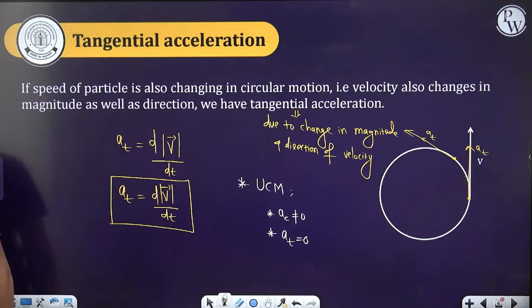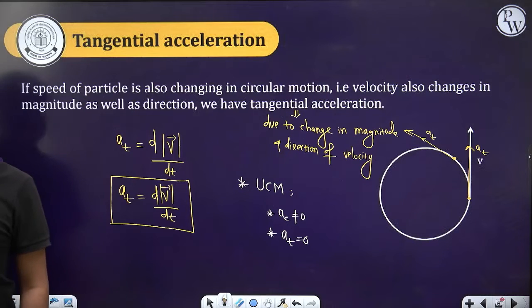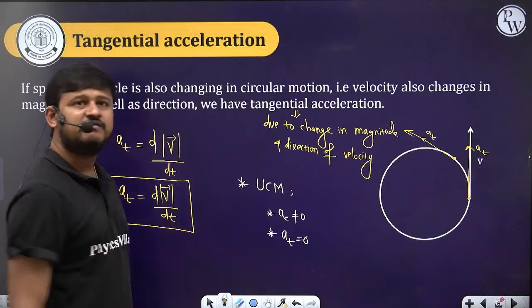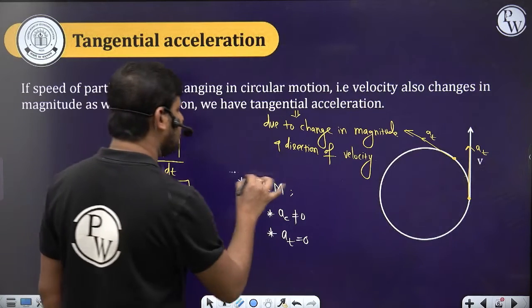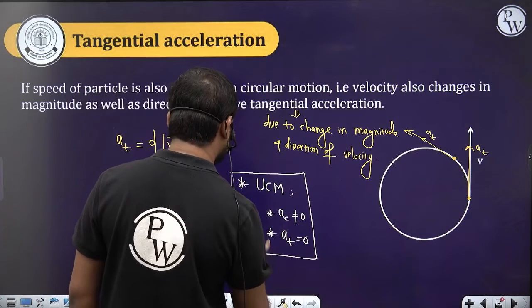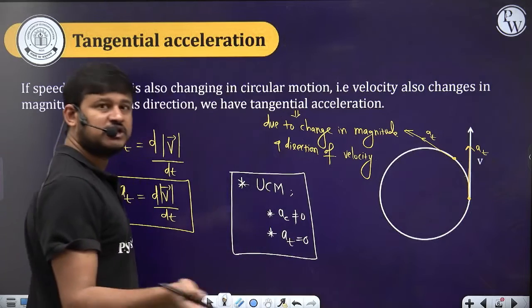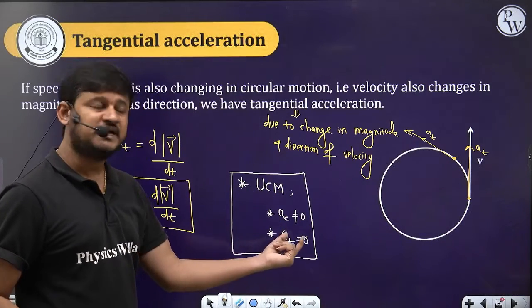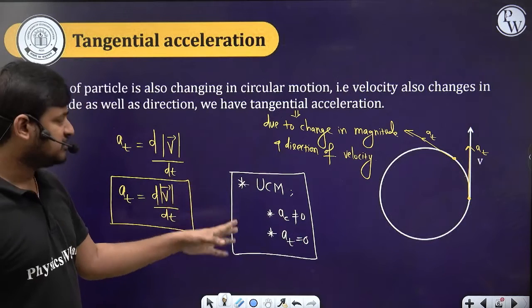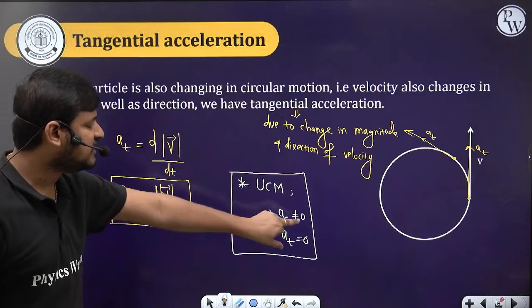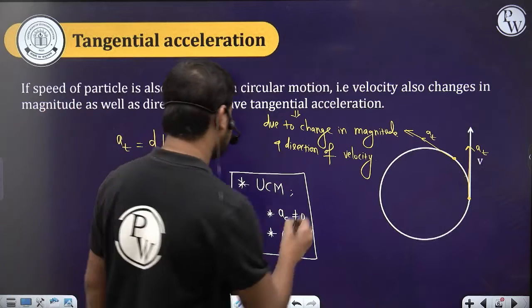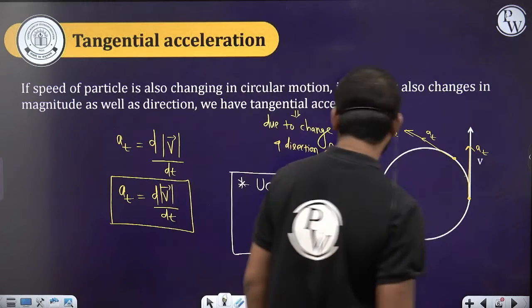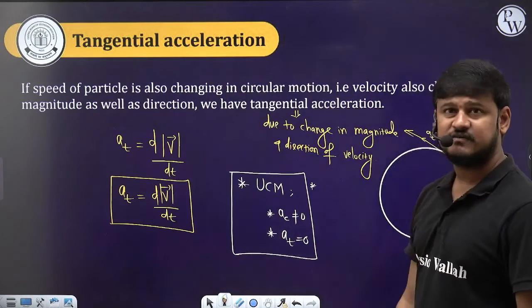Agreed guys? So AC will not be equal to 0, but AT will be equal to 0 in the uniform circular motion, because the tangential acceleration is due to speed change. In the uniform circular motion, there is no speed change, only the direction change occurs. So that's why AC will exist, AT will be 0. Remember this point as well. Both the types of accelerations are clear everyone?